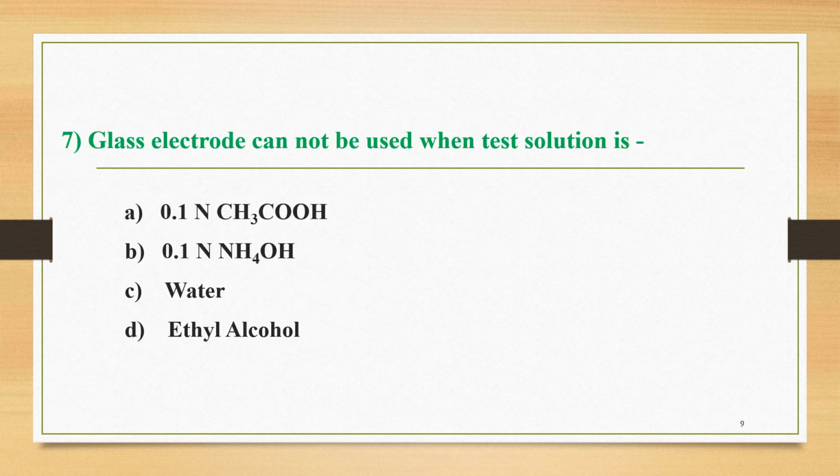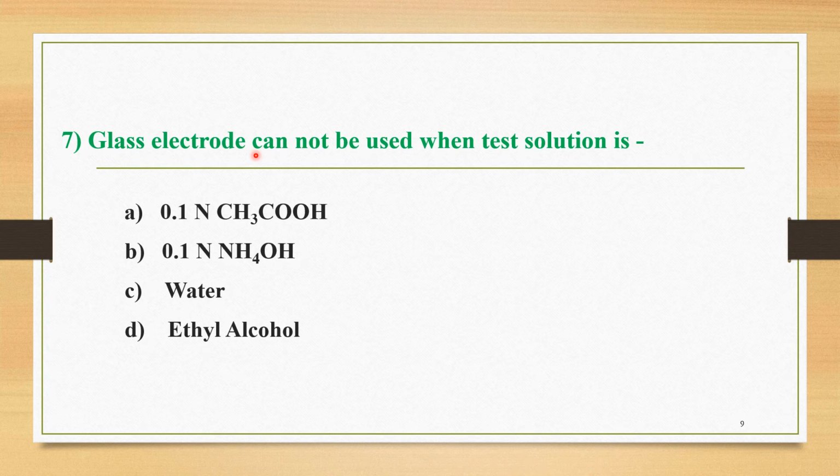The next question is question number 7. Glass electrode cannot be used when test solution is. The four options are A, 0.1 normal acetic acid, B, 0.1 normal ammonium hydroxide, C, water, and D, ethyl alcohol. We know very well that for this particular glass electrode, for its activity purpose, we always use aqueous solvents.